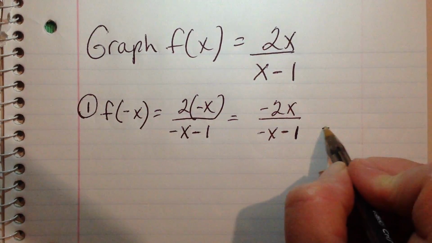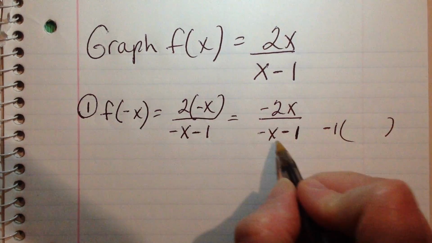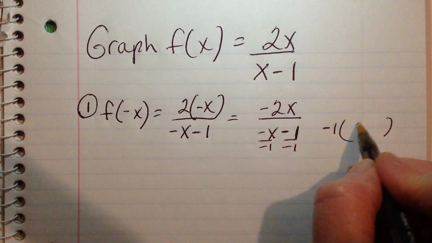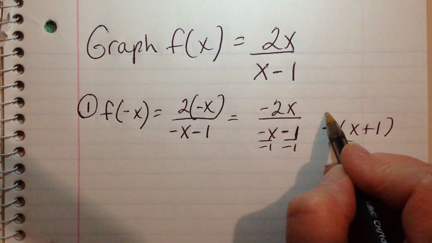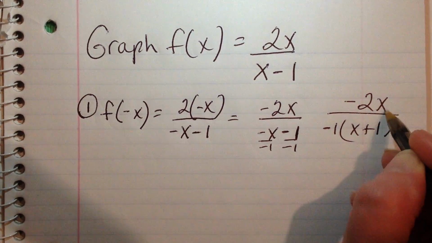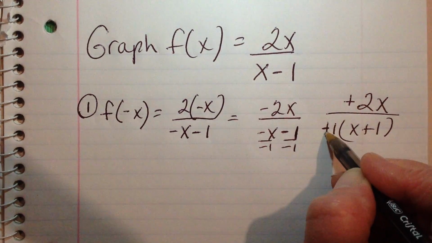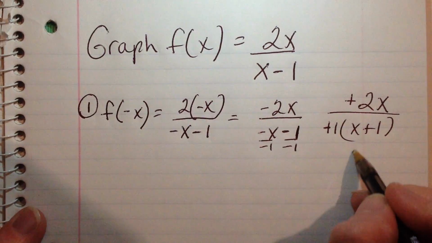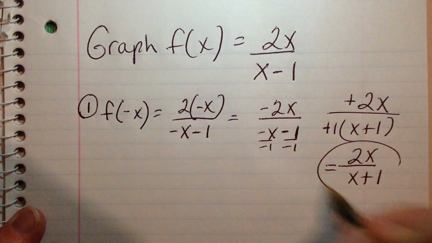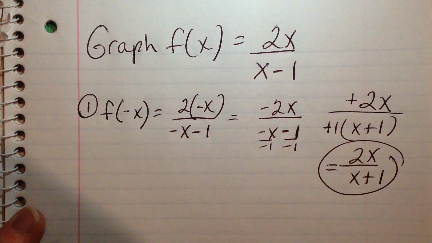I could take out a negative 1 in the denominator. If I divide each term by negative 1, I end up with x plus 1 in the denominator and negative 2x in the numerator. The negative divided by negative becomes positive, so really I end up with 2x over x plus 1, which is not the same as the original.